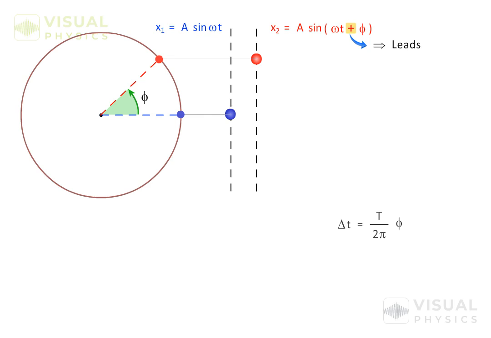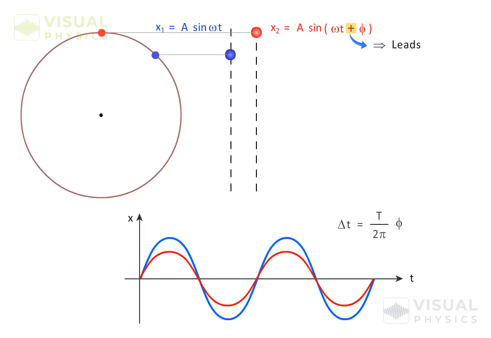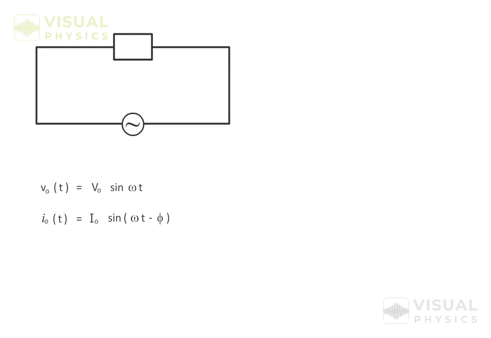And as it achieves its maximum value before the first SHM, its graph will be shifted towards the left by an equivalent phase difference of phi. AC voltage and current in a circuit have the same angular frequency, but different amplitudes, and are often out of phase.